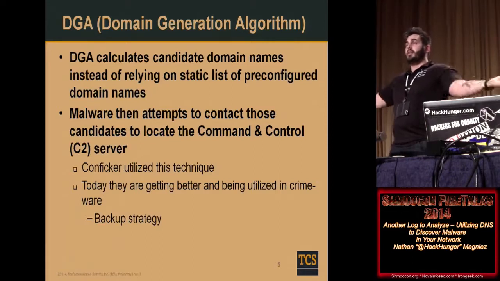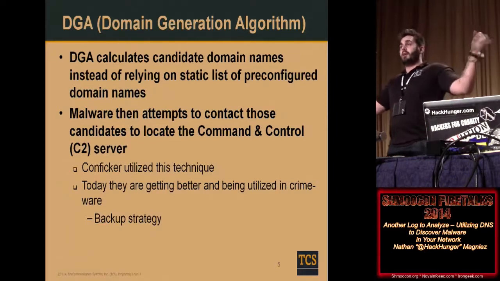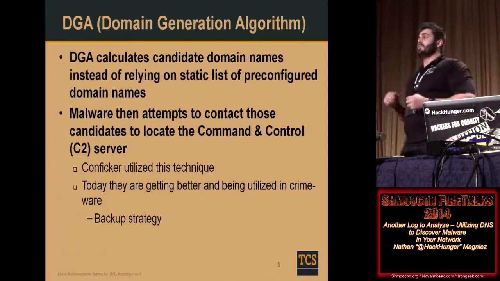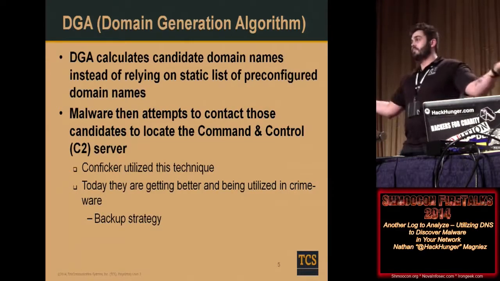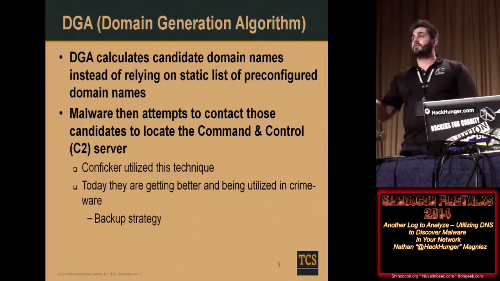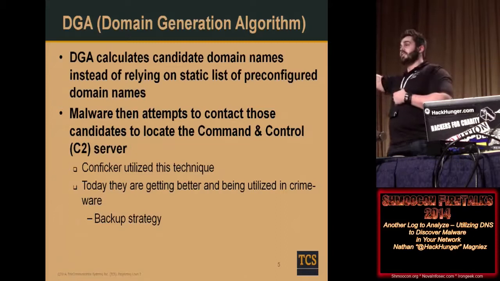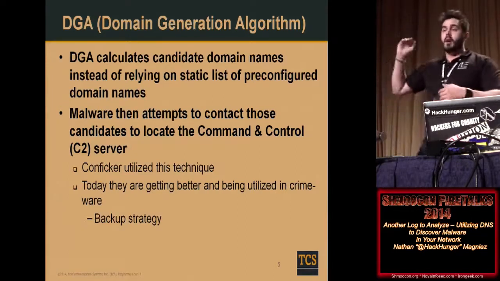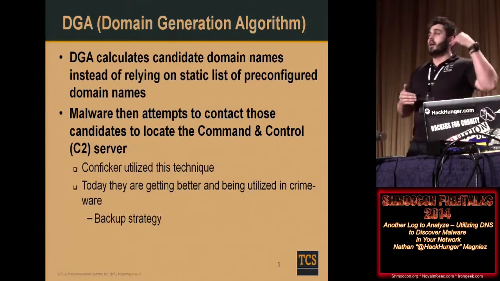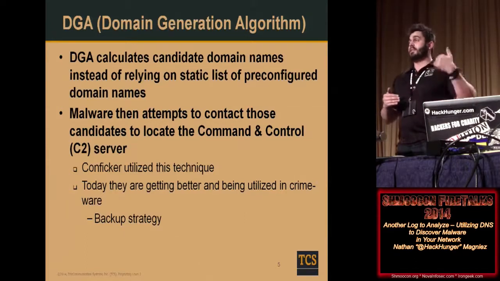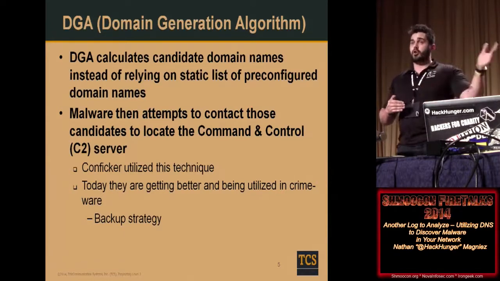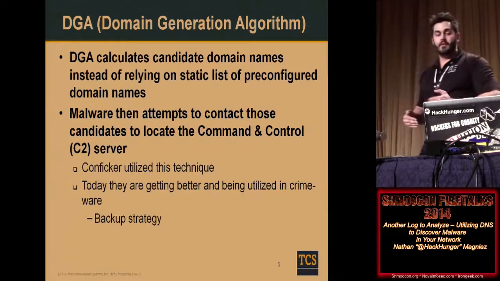They're going to compute a list of candidate domain names, and let's say for ease of use, 10 particular domain names. 9 of those are going to fail, 1 of them is going to be successful, so the malware can communicate to the C2 server. We're going to talk about the 9 that failed, because they indicate which host on our system is actually infected.